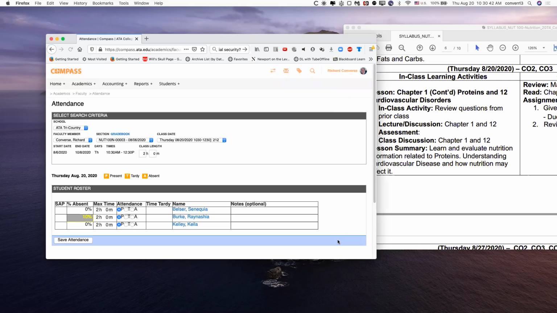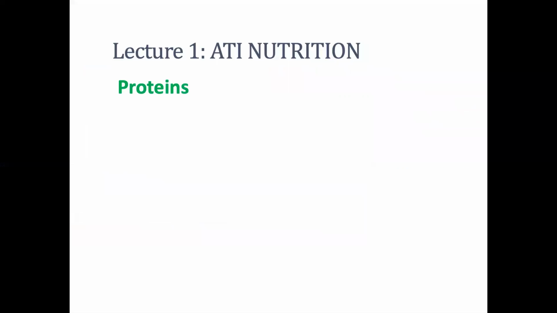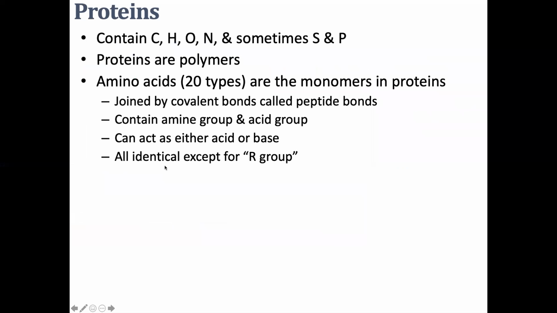Okay. So today we're going to talk about two things. We're going to talk about proteins, and we're also going to talk about cardiovascular disease. Proteins are the last macronutrient in your diet, and they're made up of units called amino acids.